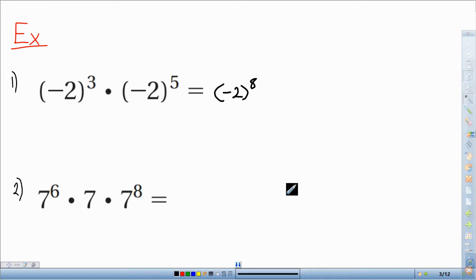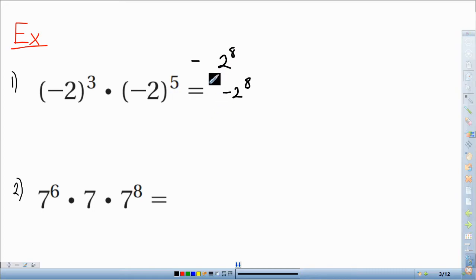Here's one thing I want to point out. Notice that there's parentheses around this negative 2. That actually matters. If there weren't parentheses around this negative 2, say this problem instead looked like this, what we would actually be implying is a negative of positive 2 to the power of 8.